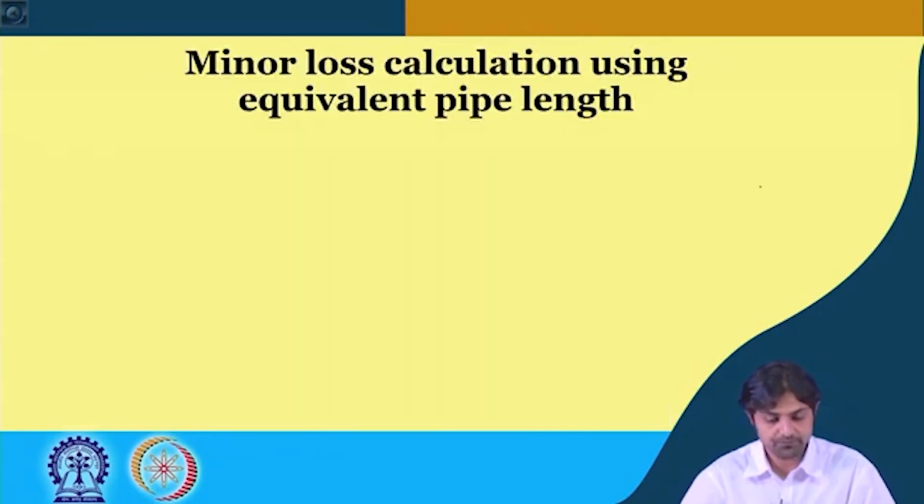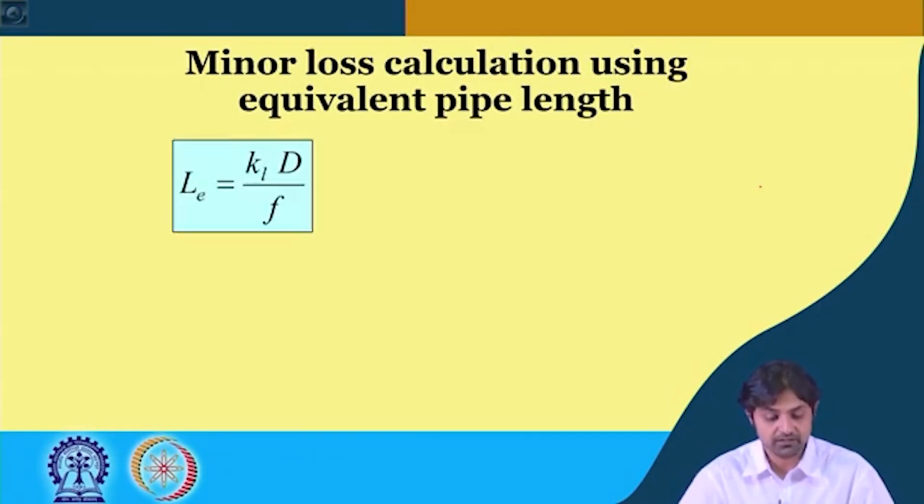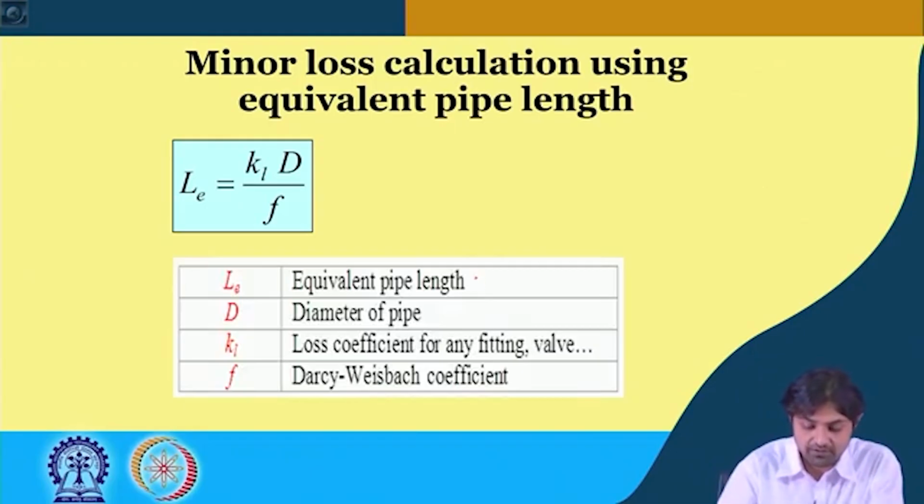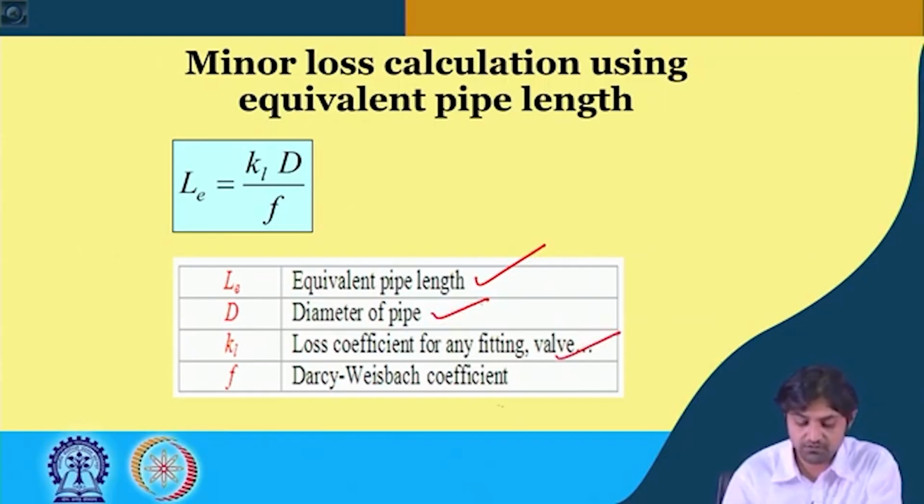All right. So, minor loss calculation using equivalent pipe length. The equivalent pipe length can be written as Le = KL into D by f, where Le is the equivalent pipe length that we are going to calculate, D is the diameter of the pipe, KL is the loss coefficient for any fitting or valve and f is the Darcy-Weisbach friction factor.